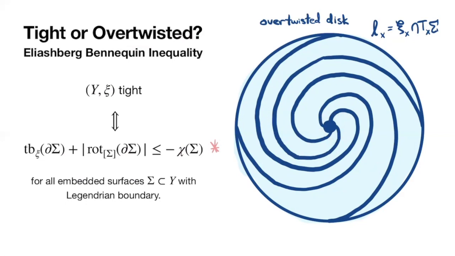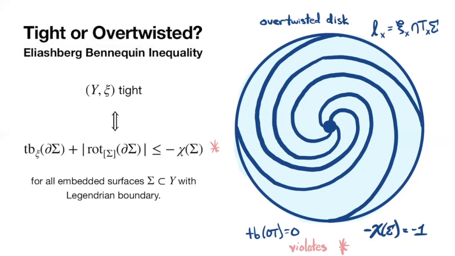And if you calculate the Thurston-Bennequin number of this over-twisted disk, you get 0. On the other hand, the negative Euler characteristic of a disk is -1, and so this violates the Bennequin inequality star. Okay, so this Eliashberg-Bennequin inequality is really at the heart of this tight and over-twisted dichotomy.